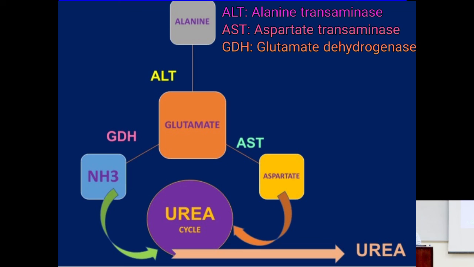Nothing else can enter the urea cycle besides these two. Okay? That's kind of the summary. You use 3 ATPs, and here's the source. The ammonia source is glutamate dehydrogenase. Aspartate source is most likely from the AST reaction coming from glutamate.